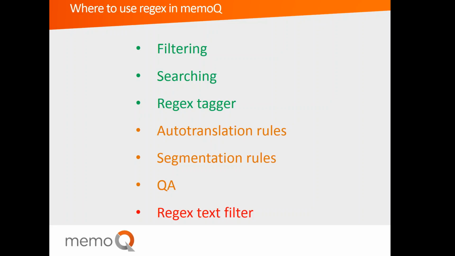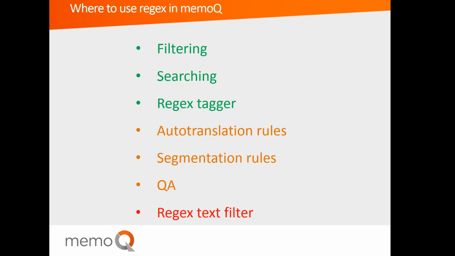Now, it's not only true for memoQ, of course, it's true for other CAT tools, because the CAT tools deal with text. So in these tools, you can use regex for a number of features. In memoQ, we can use it for filtering while translating, to filter the translation grid with a regex expression. We can also search for strings with certain text patterns.